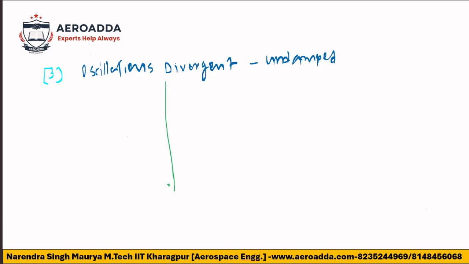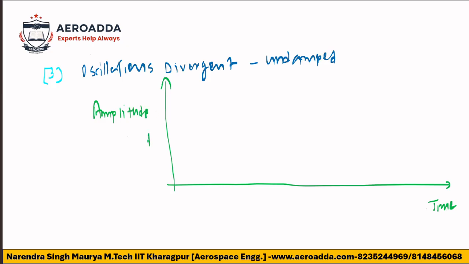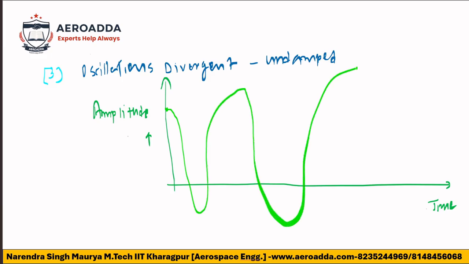See this graph, if you check, this is time, this is amplitude. Because of the disturbance, the aircraft reaches this position. Now the graph is started. That will continue. The amplitude is continuously increasing.